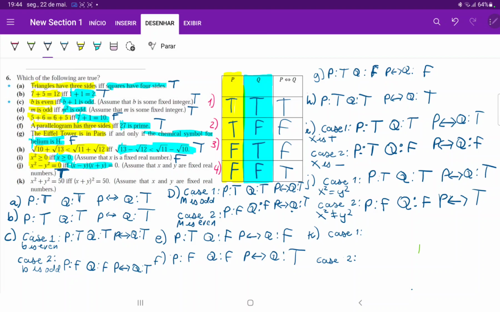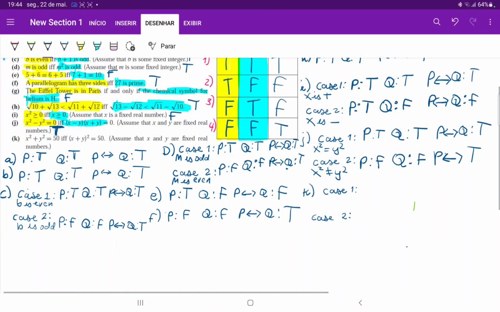So now let's consider K, which is the last one. For K, we need to consider 2 different scenarios. Let me scroll this up.